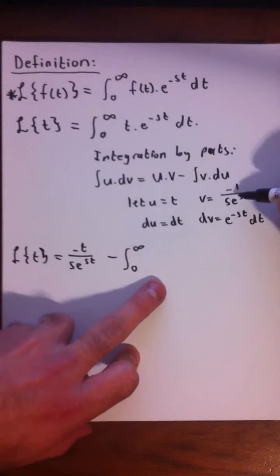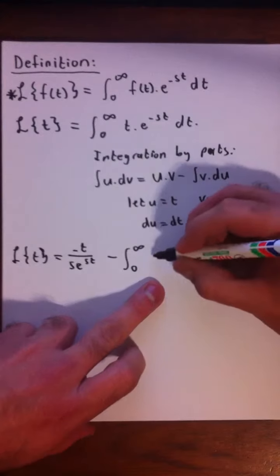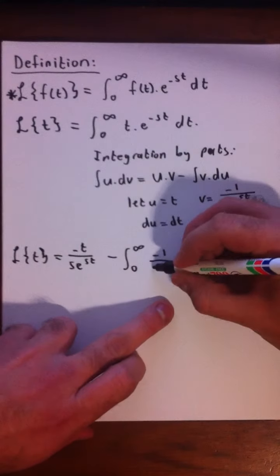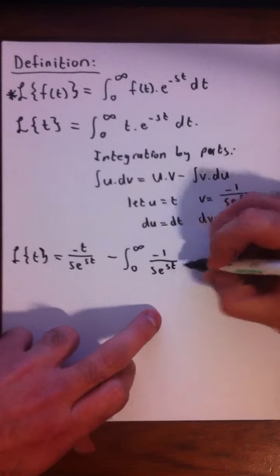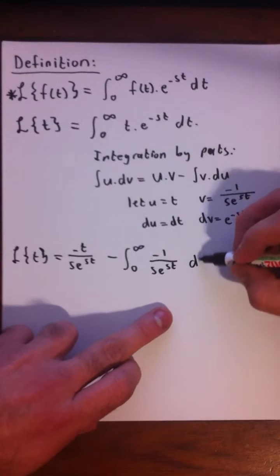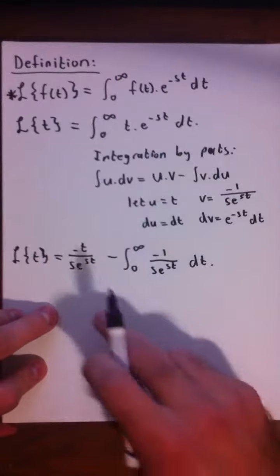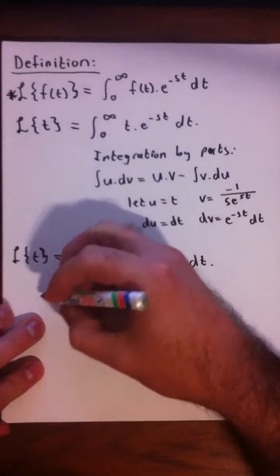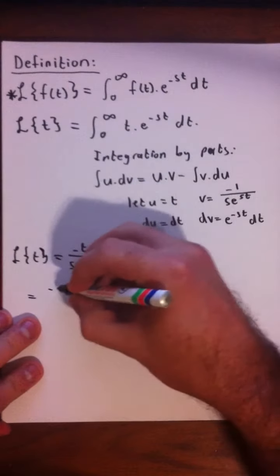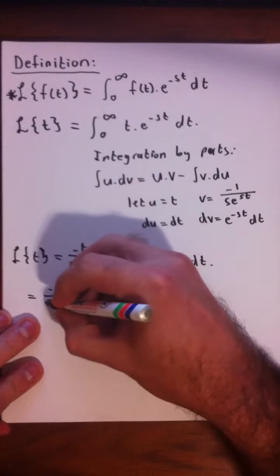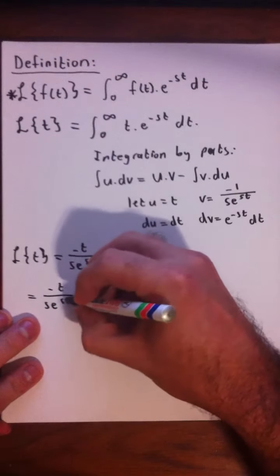V is negative 1 over s e to the st, and du is just dt. Okay, so we can go ahead and just rewrite this part as it is, negative t over s e to the st.